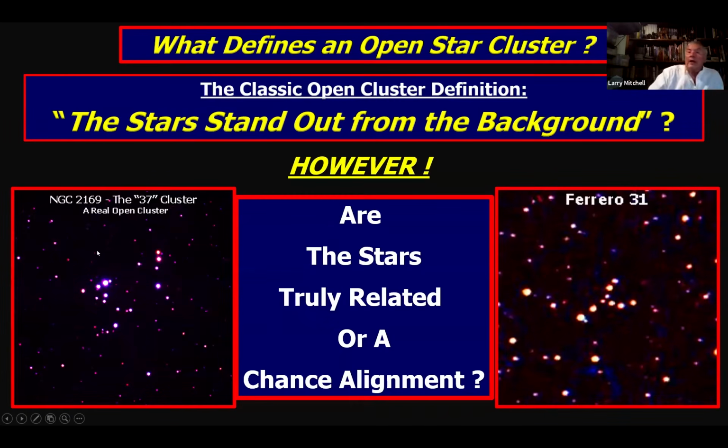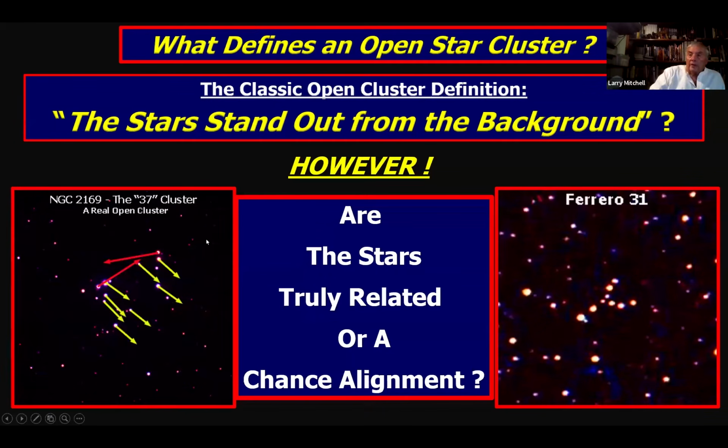Over here, we have NGC 2169. This is the famous 37 cluster in the constellation of Orion, and hopefully you can make out the 37 structure. But is it an open cluster, or is this an asterism? Well, when we do the Gaia information, yes, it is an open cluster.